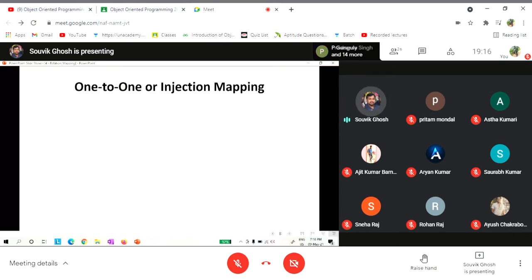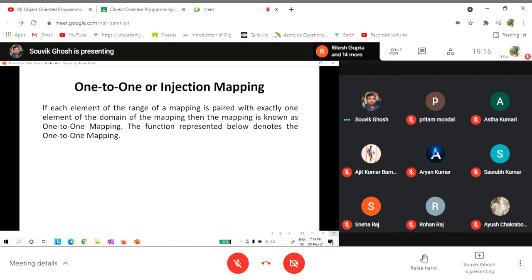Now we have the definitions of these four types of functions. First comes one-to-one or injective function. It says that if each element of the range of a mapping is paired with exactly one element of the domain of the mapping, then the mapping is known as one-to-one mapping.